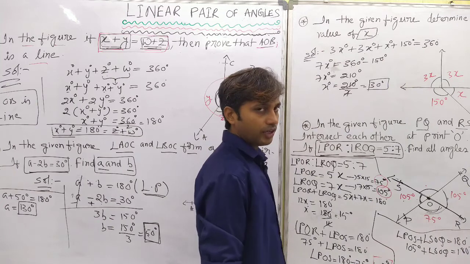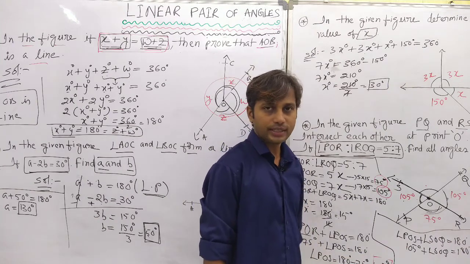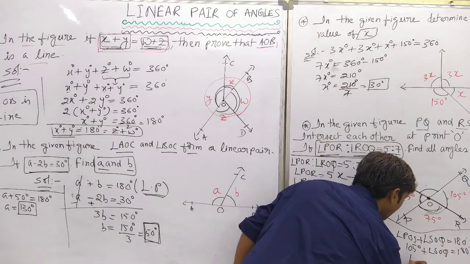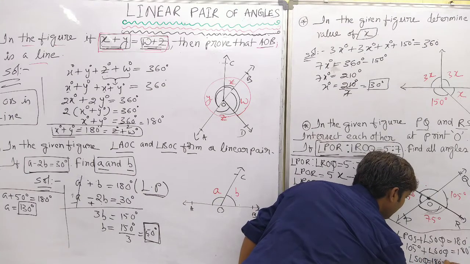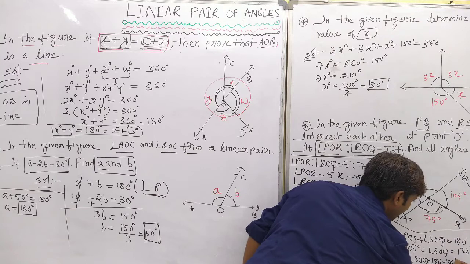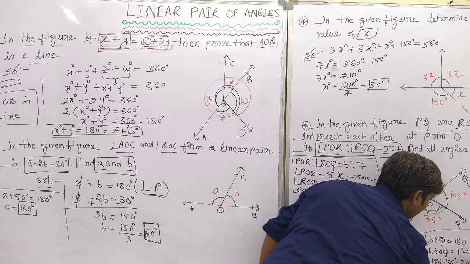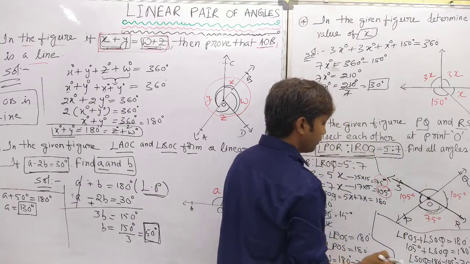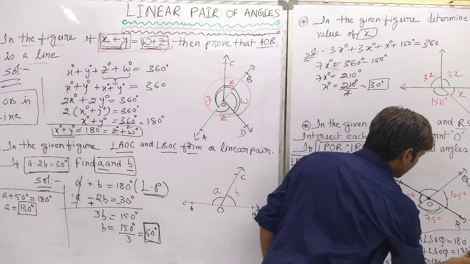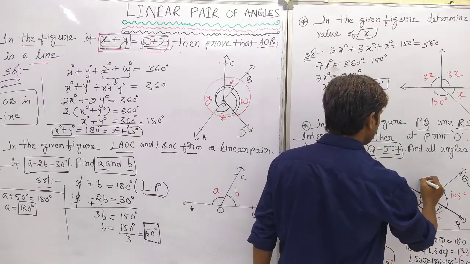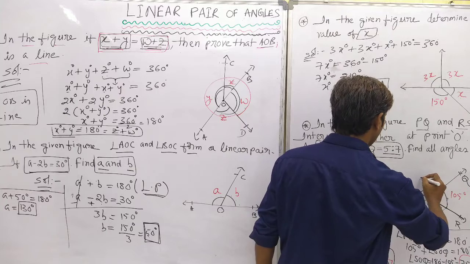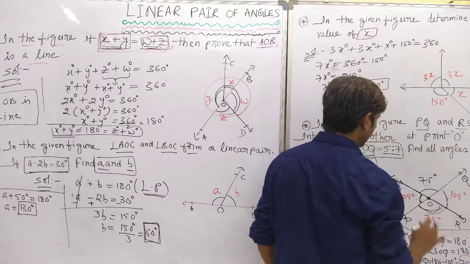See, if you take it to that side, 105 degrees becomes minus 105 degrees. Okay, so angle SOQ equal to 180 degrees minus 105 degrees, that is equal to 75 degrees. Got it? So we obtained the answer for this also. Here the value of this would be 75 degrees.